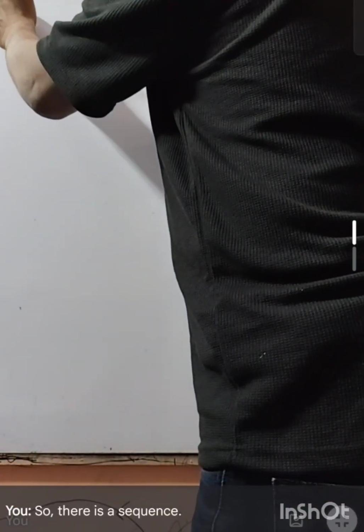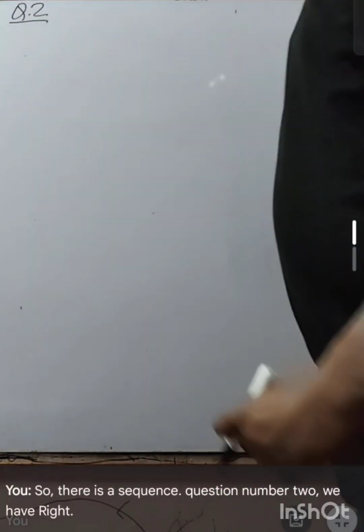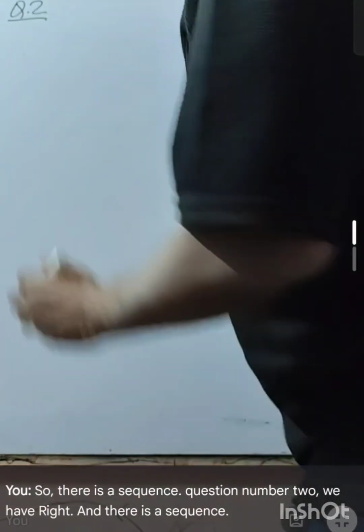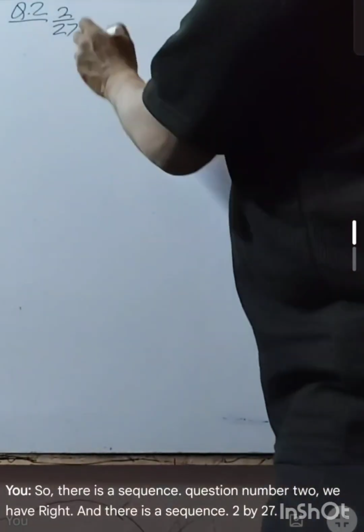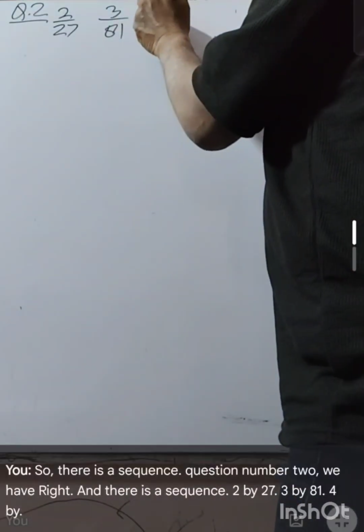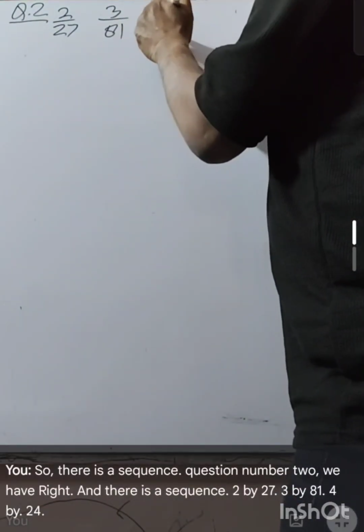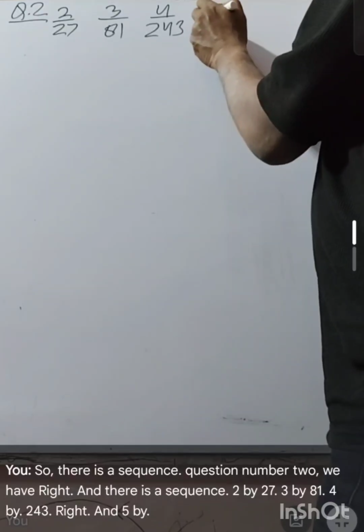So there is a sequence. Question number 2 we have, right? And there is a sequence: 2 by 27, 3 by 81, 4 by 243, and 5 by 729.